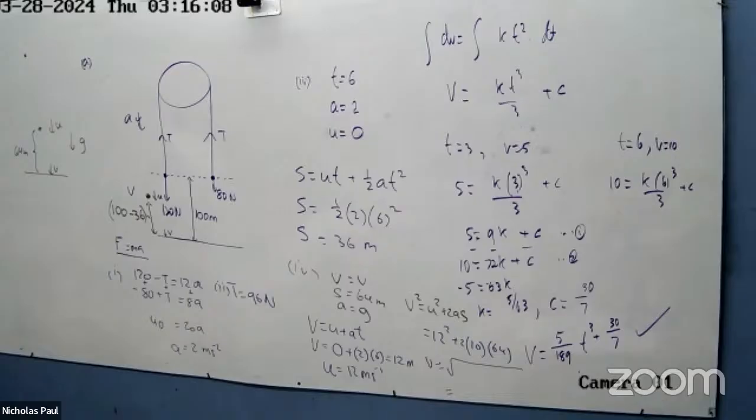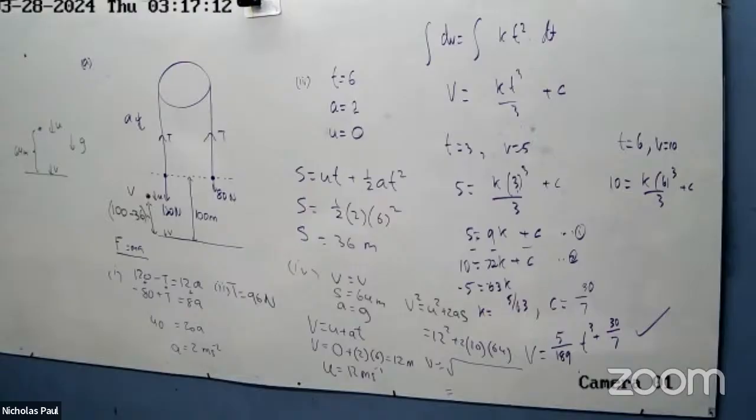What's the final velocity? Gravity is 10.